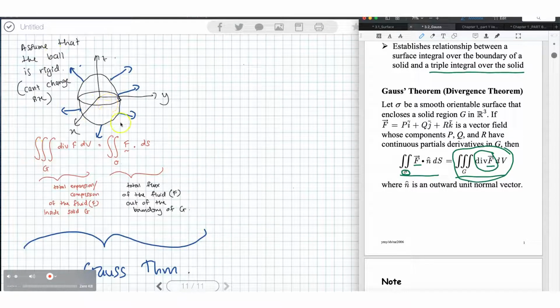Okay, imagine that this is a ball, and you fill up this ball with gas, but with the condition that you have to assume the ball is rigid, which is once you put the gas inside, the size of the ball does not change.